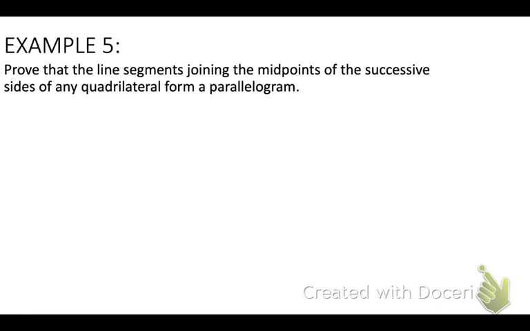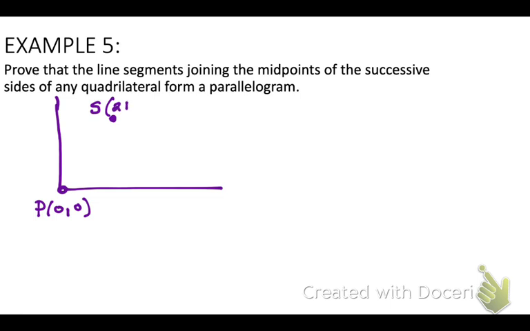So the line segments joining the midpoints of the successive sides of a quadrilateral. Okay, so I need a quadrilateral in a coordinate plane. I'm going to put my quadrilateral in quadrant 1, so I don't have to deal with any negatives. I'm going to put point P at the origin, because using 0, 0 is always nice. I'm going to put point S up here at 2b comma 2c.